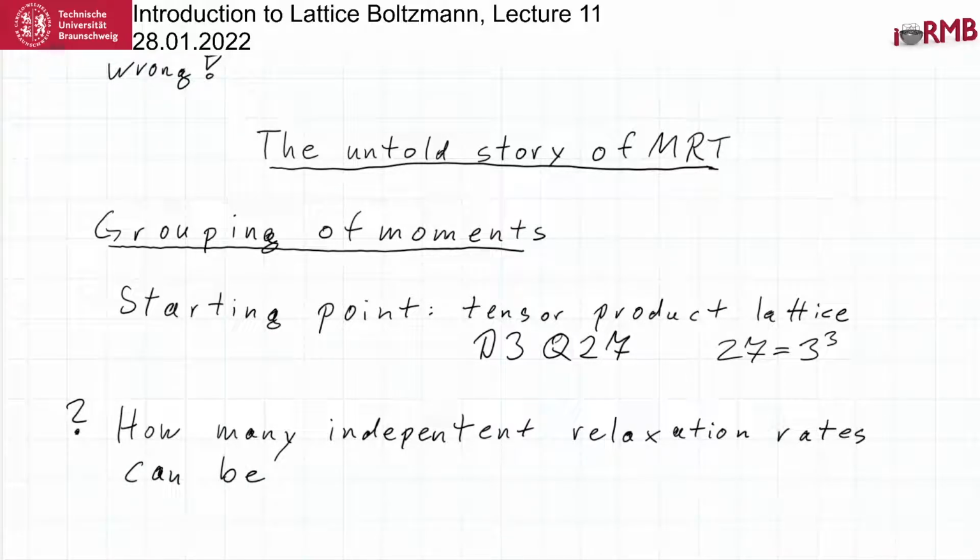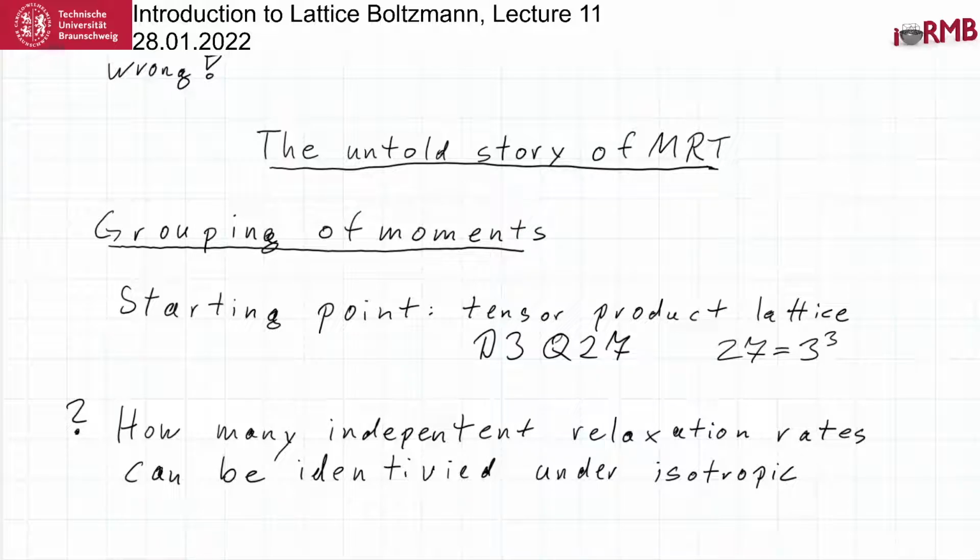So the question is how many independent relaxations can be identified under isotropic assumptions. So we want to solve the Navier-Stokes equation.